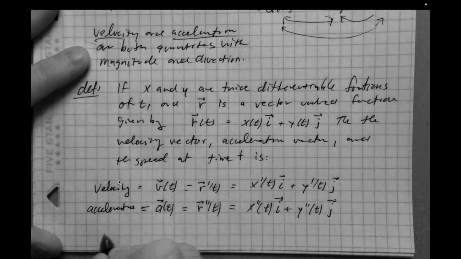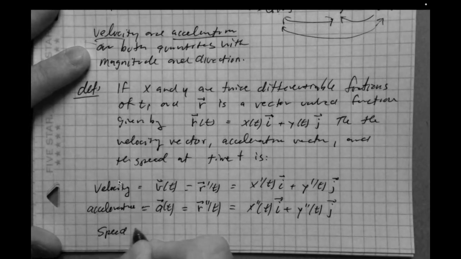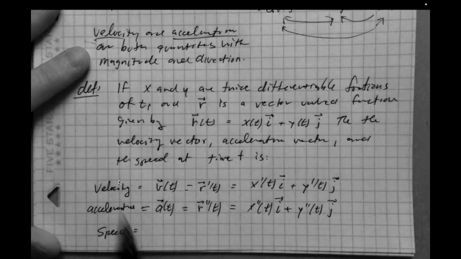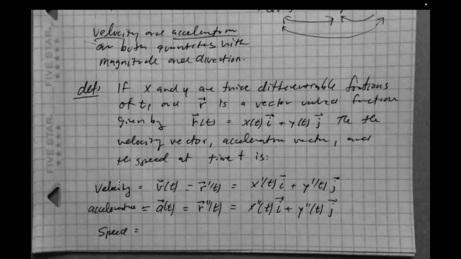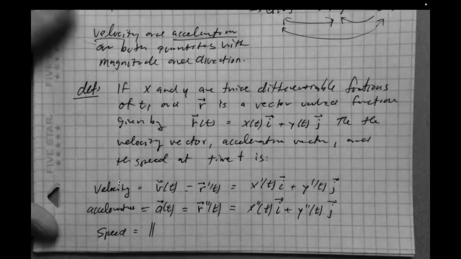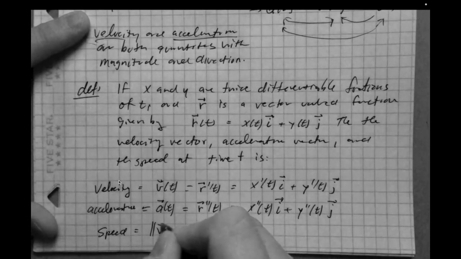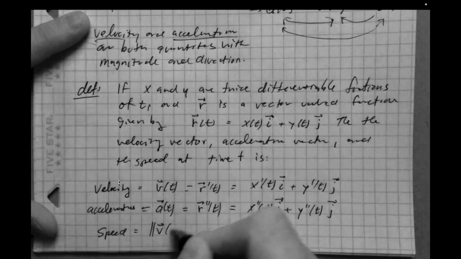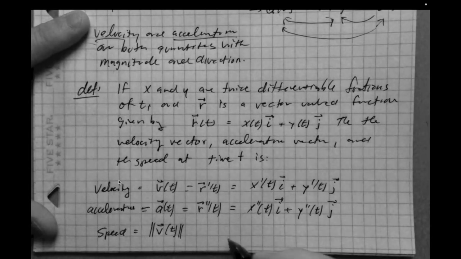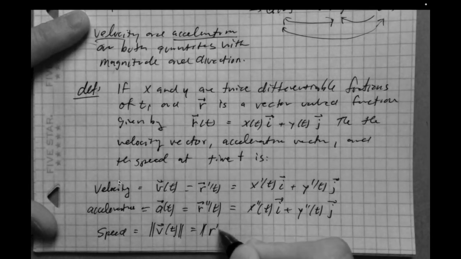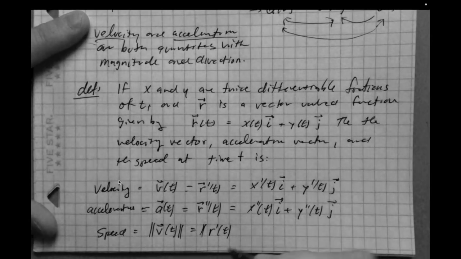And then finally speed. Speed is basically going to be the magnitude of the velocity. So once you get rid of the direction piece of the velocity vector, what you're left with is speed. And so it is quite literally the norm of the velocity vector, which is obviously the norm of the derivative of the position vector.